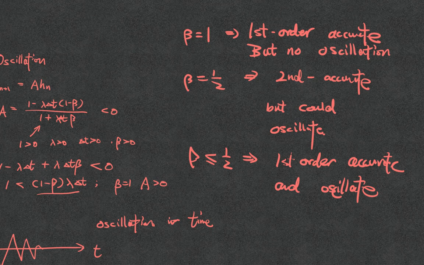If you want it to be more accurate, you pick the second order, but your numerical solution could oscillate because your amplification factor could be on the negative side. If you have beta equals 1, you don't have oscillating solutions due to numerics, but it will only be first order accurate. If you use the forward Euler or explicit scheme, or anything that has beta smaller than 1/2, it would be only first order accurate, it would oscillate, and it's only conditionally stable.